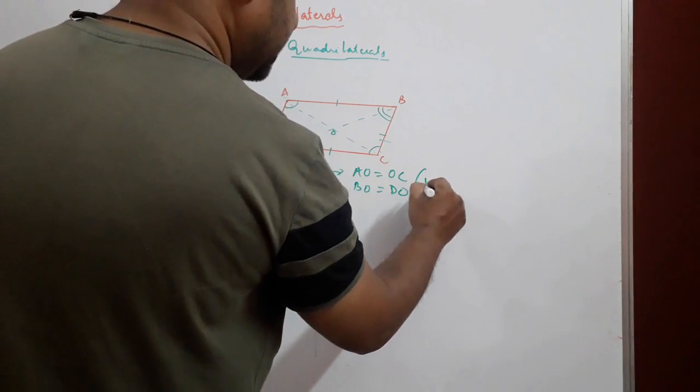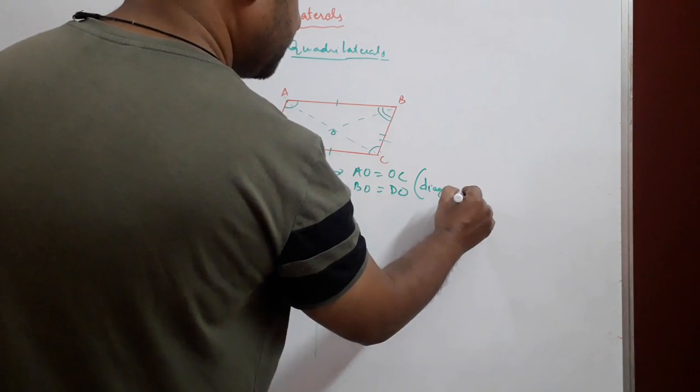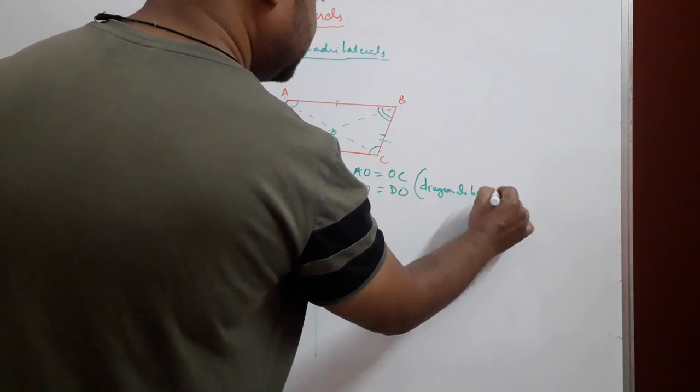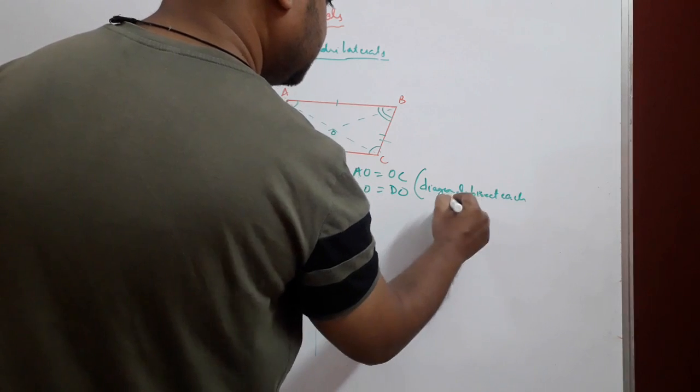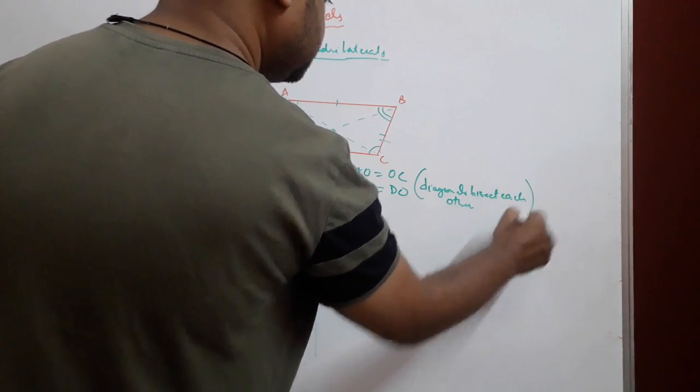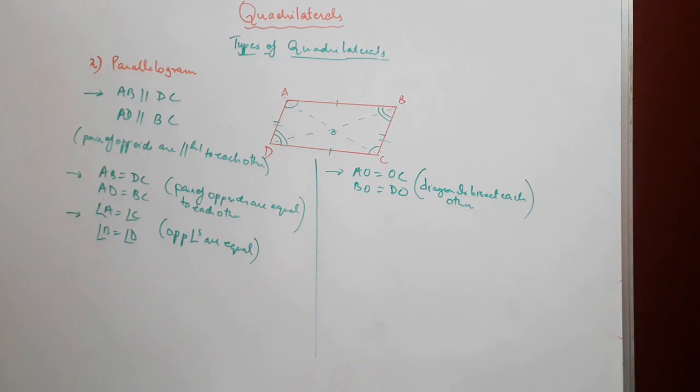It means diagonals bisect each other into equal parts. This is another property of a parallelogram.